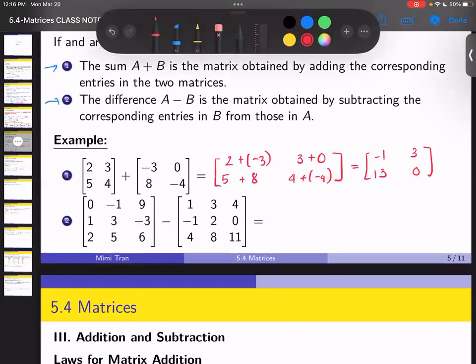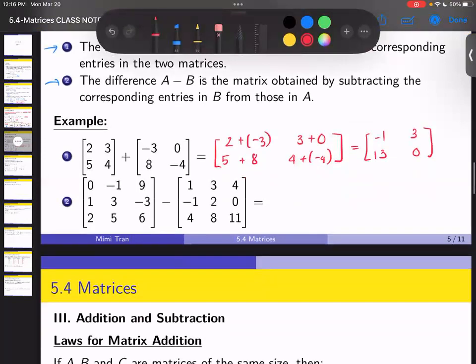Someone tell me what's your result. Left to right, horizontally first. -5, -3.